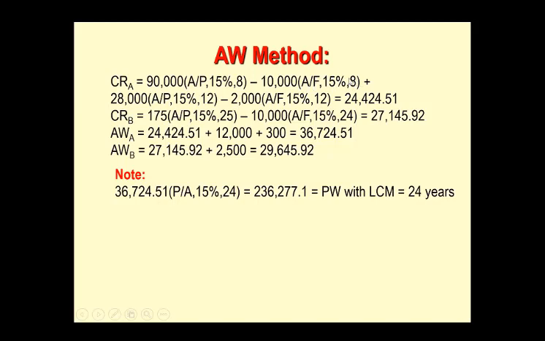Given future worth, find annual. What is the factor? It's the sinking fund factor. 10,000 is the salvage value of the mover.